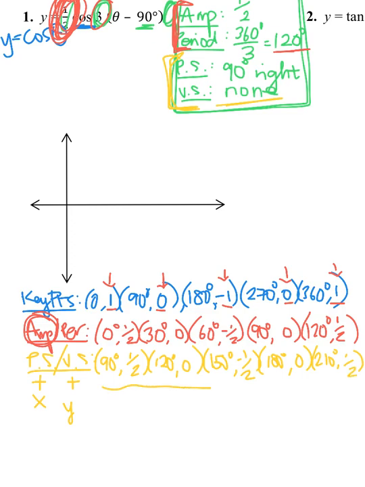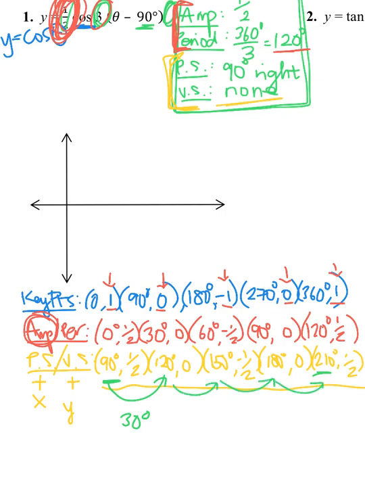All right, so here are my final key points of my graph. So now I just need to graph it. Here I notice I'm going from 90 to 210, and you just have to make sure you have even intervals. So I notice I'm jumping 30 each time.